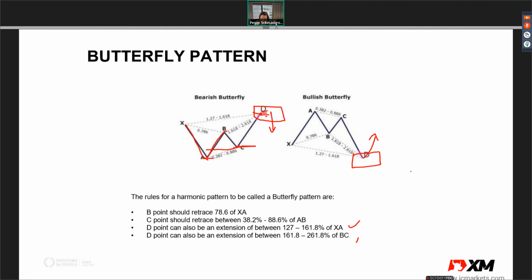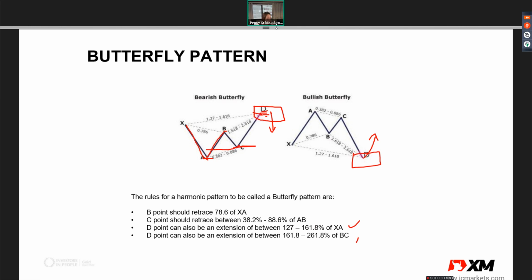C point here, butterfly. Somebody says 38.2 to 88.6% for the butterfly is wrong.